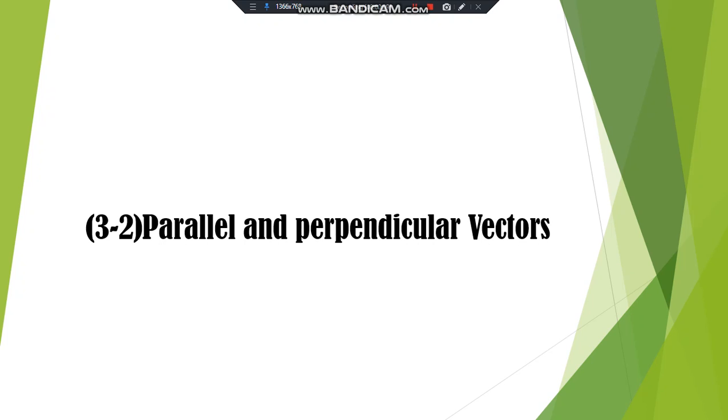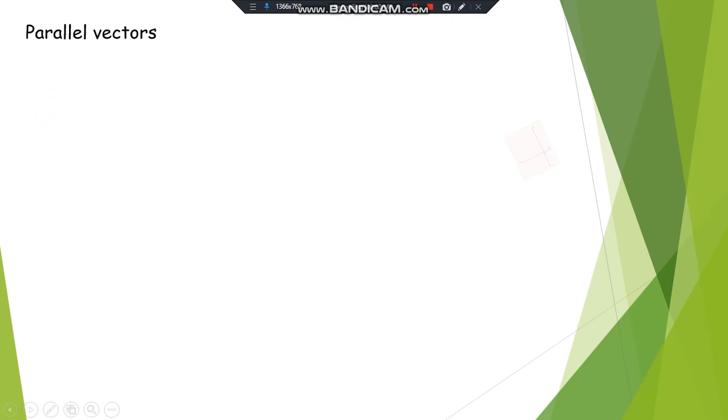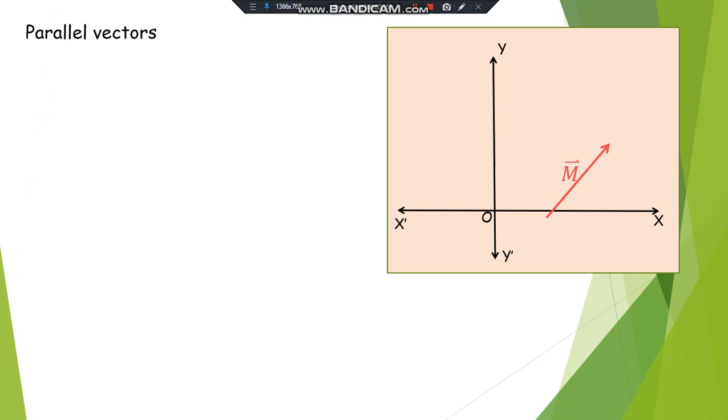Parallel vectors. We have vector m and vector n, and vector m is parallel to vector n, so they have the same direction.